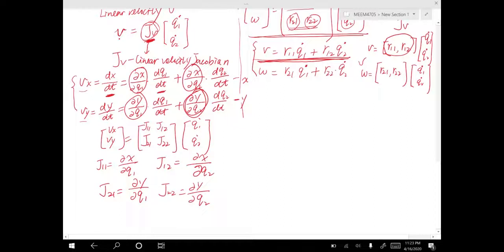So this is my linear velocity Jacobian matrix, and that's it. This is all from the definition.